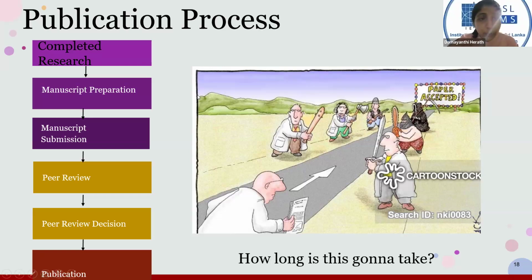So do you know the difference between a publication and a manuscript? Please, can you give me a thumbs up if you know the difference between a manuscript and a publication?